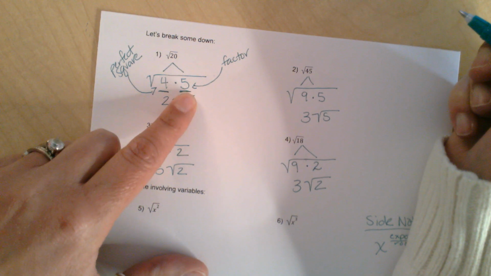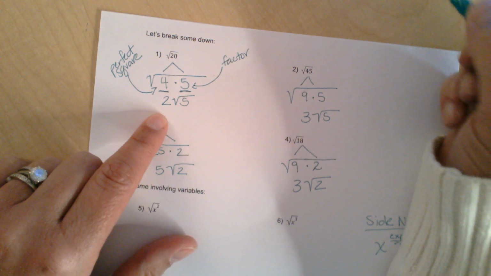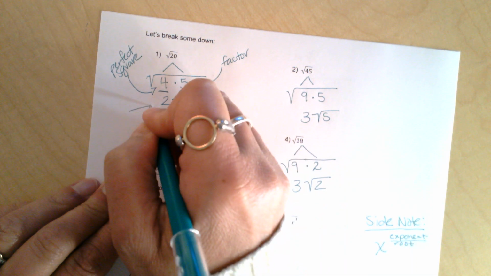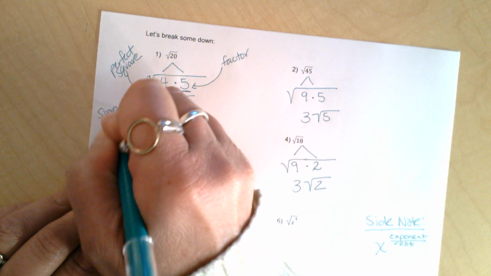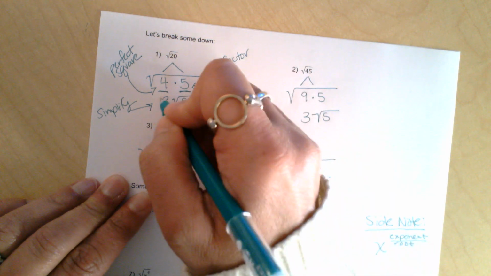So 20 divided by 4 is 5. And what we can do now is we simplify the perfect square. The square root of 4 is 2, so I simplified. And then you just bring down the square root of 5.